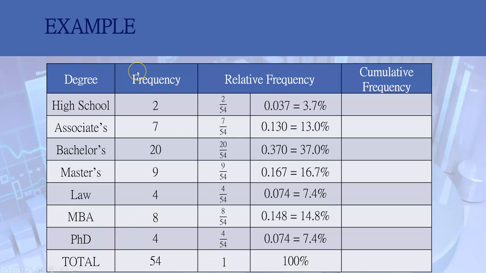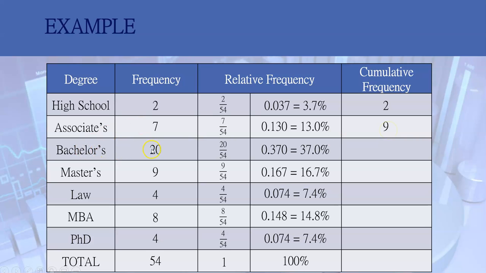Now to come up with the cumulative frequency. The cumulative frequency is the frequency plus everything before it. So in the first row, it's just 2. 2 people are accounted for in the survey so far. But then for the second row, for the people with the associate's degree, that's 9 because this frequency plus everything before it, 7 plus 2, is 9.